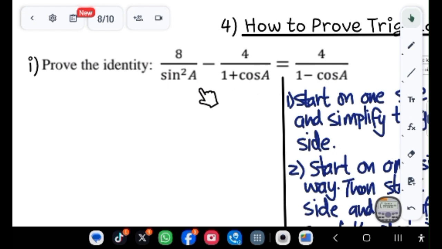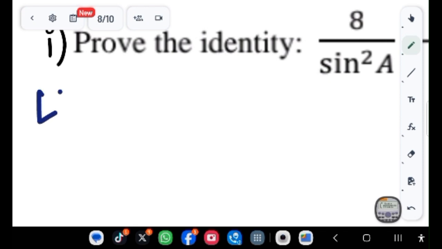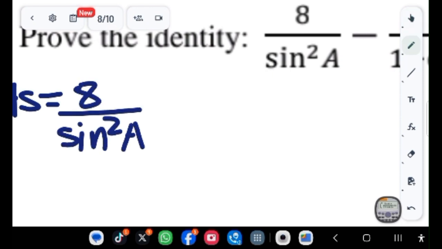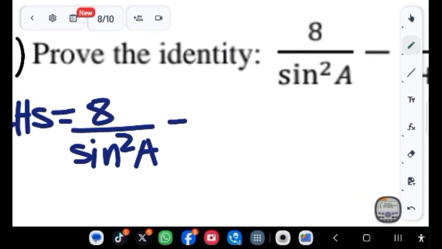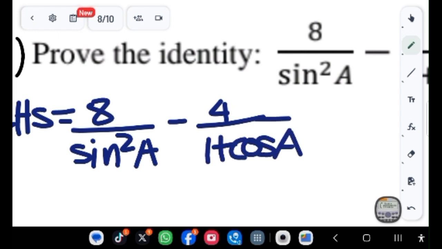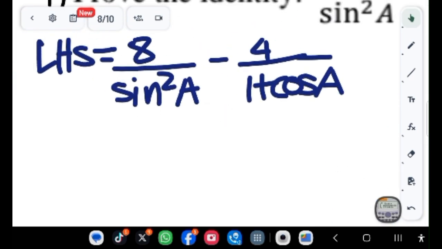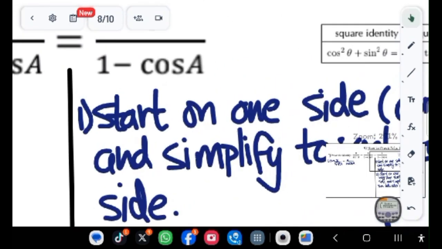In this case, the messy side is the left-hand side, so let's start with the left-hand side. The left-hand side equals 8 over sine squared of A minus 4 over 1 plus cos of A. Okay, you notice that sine squared of A can be expressed in terms of cos, using the square identity.